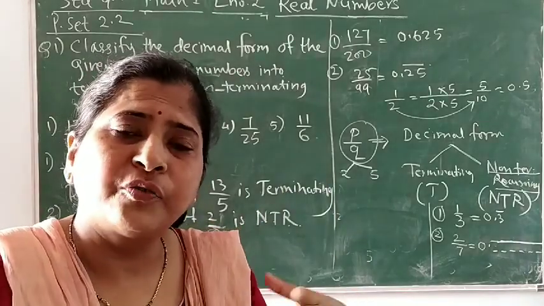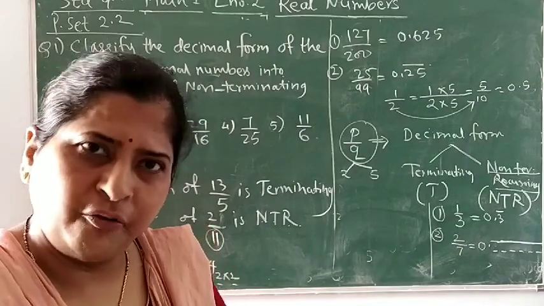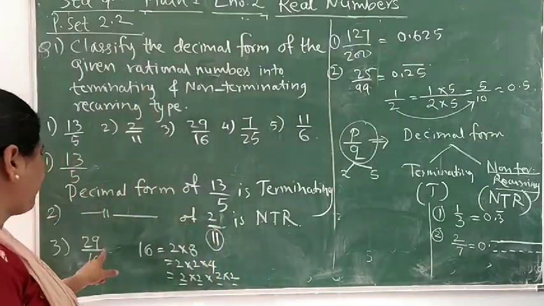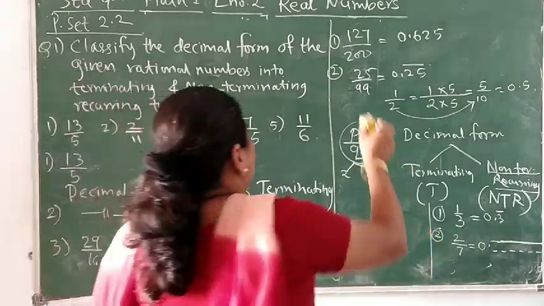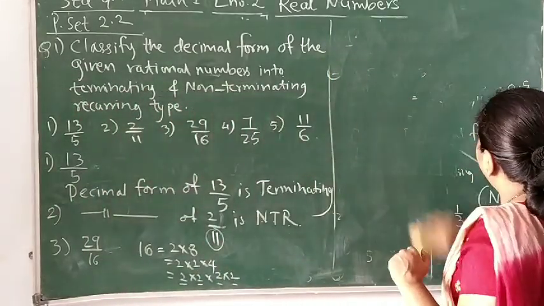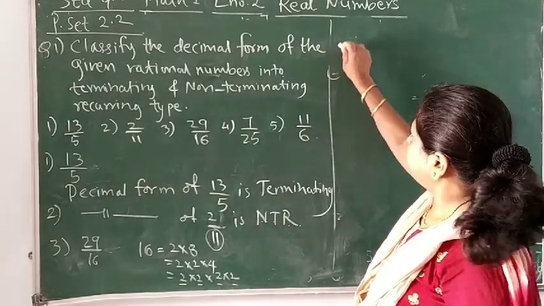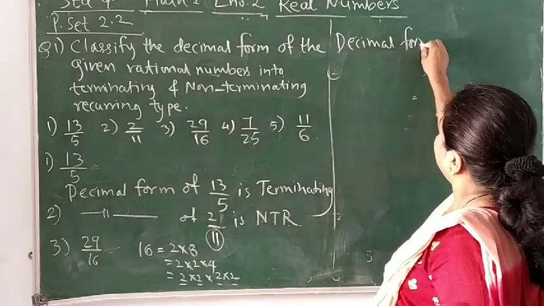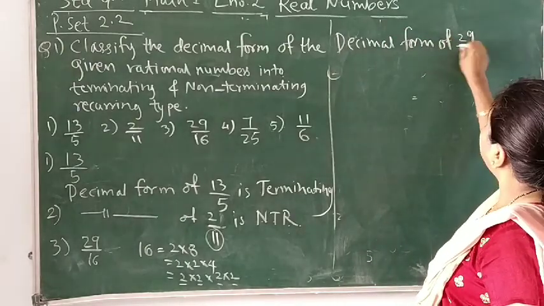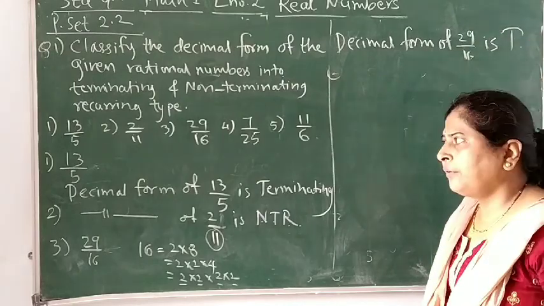So if the factors of the denominator are 2 or 5 or 2 and 5, the decimal form is going to be terminating. So our answer is that the decimal form of 29 upon 16 is terminating. Like that we can write.